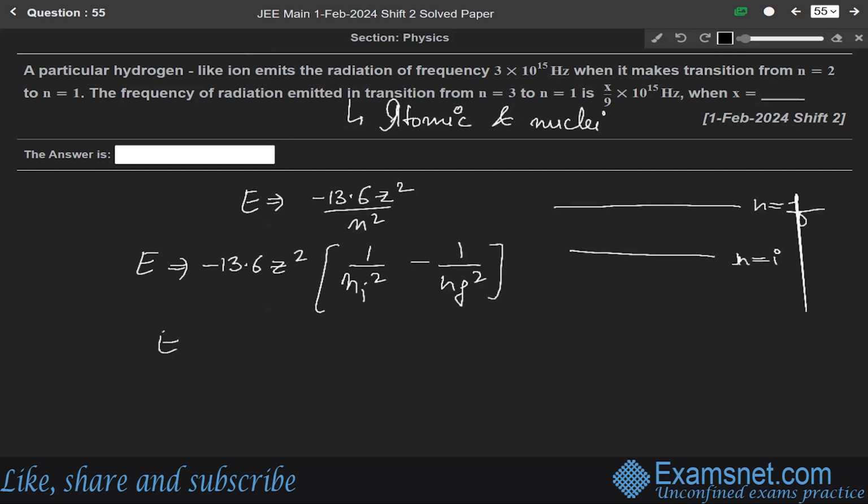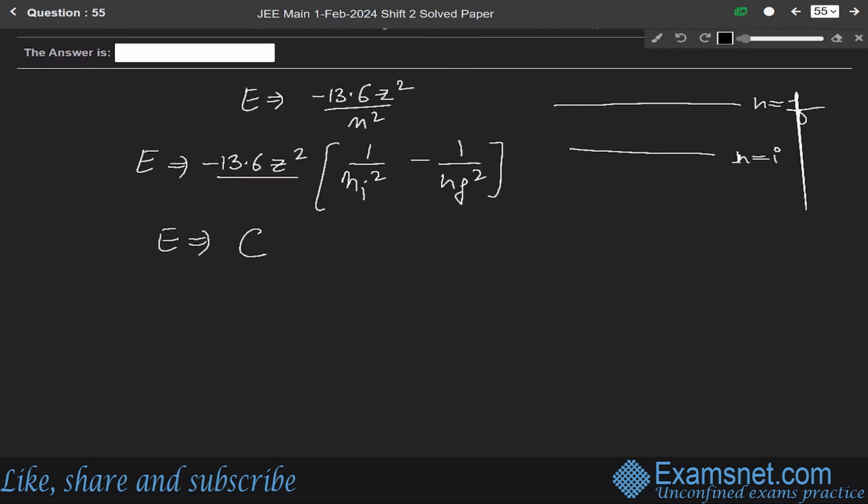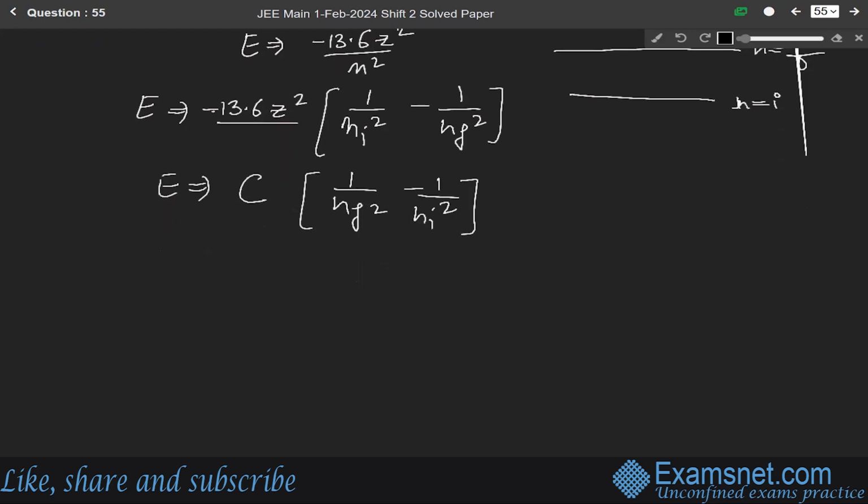So E will be equals to this, we can write as constant C because this will be same for all. So constant C into 1 over nf square minus 1 over ni square. Since here it is minus sign, multiplying this minus sign in the bracket, we get 1 over nf square minus 1 over ni square.